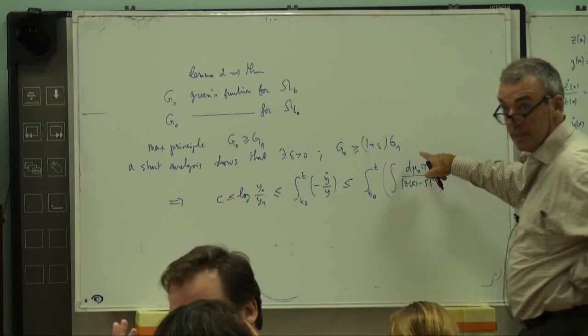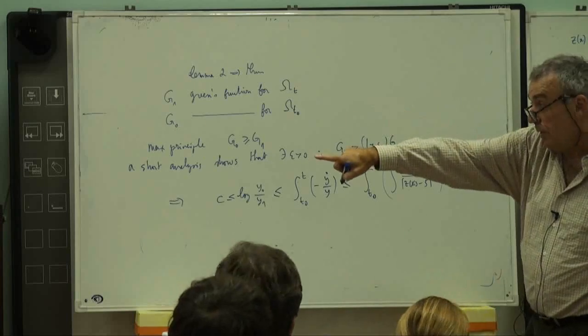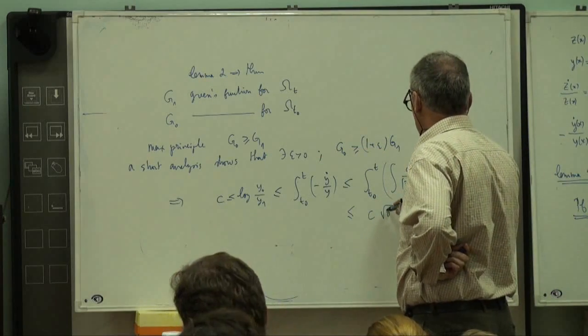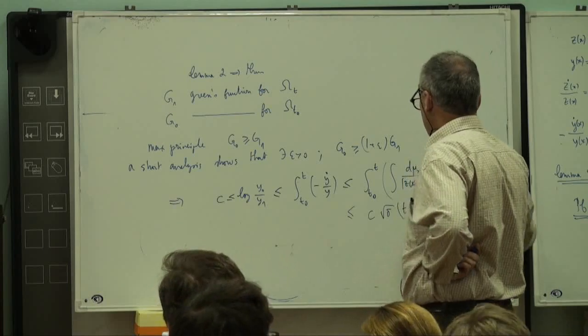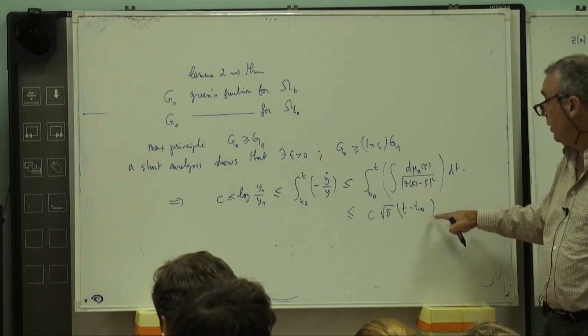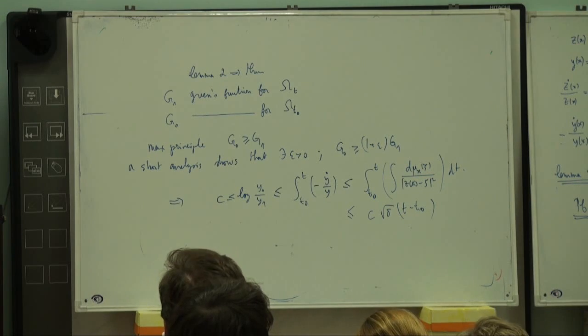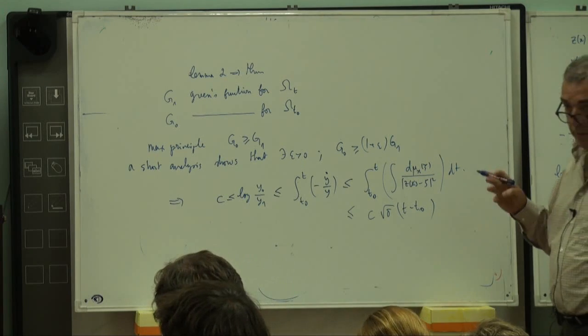And this is less, by what we have just seen, than the square root of delta. So this is less than a constant times square root of delta times t minus t0, and we get the result. We get that t minus t0 is greater than a constant divided by square root of delta. Okay, and this gives the proof.